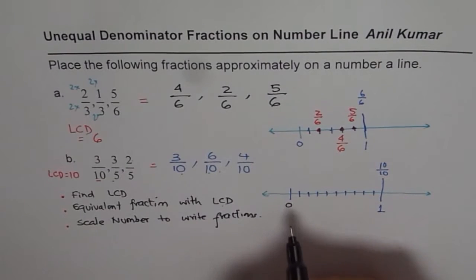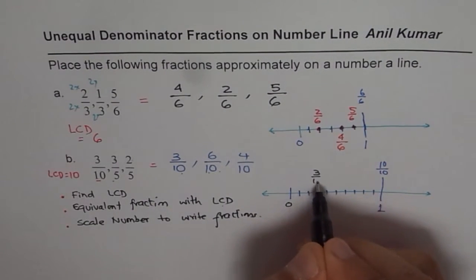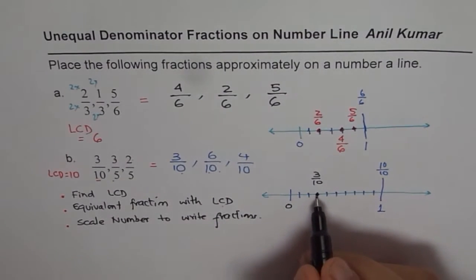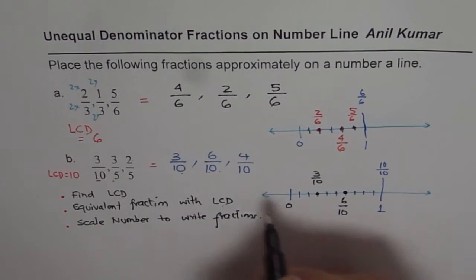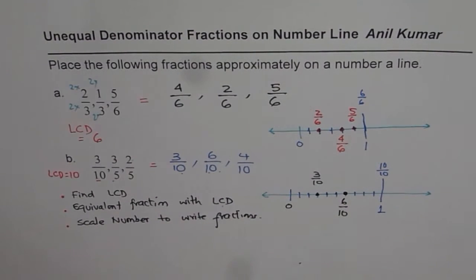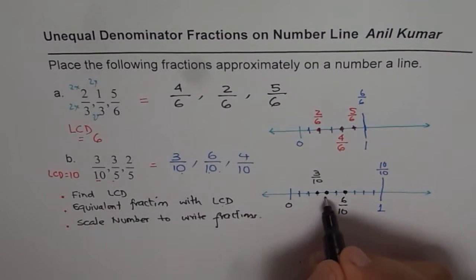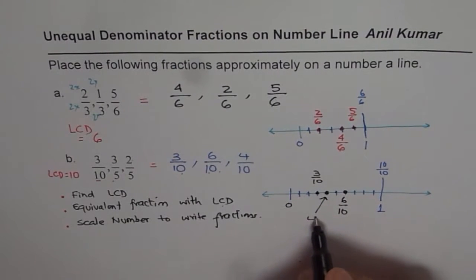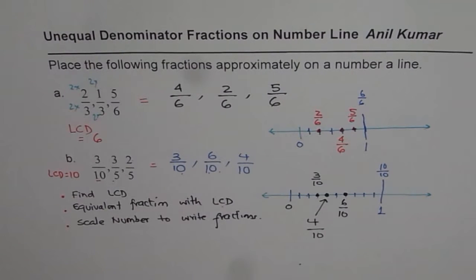This is 0, right? 1, 2, 3. So that becomes 3 out of 10. 6 out of 10. This is 3, 4, 5, 6. So that is 6 out of 10. Then 4 out of 10 will be 1, 2, 3, 4. So that number is 4 out of 10. You get the idea, correct? So you can place all these fractions on the number line. That is how you can do it.